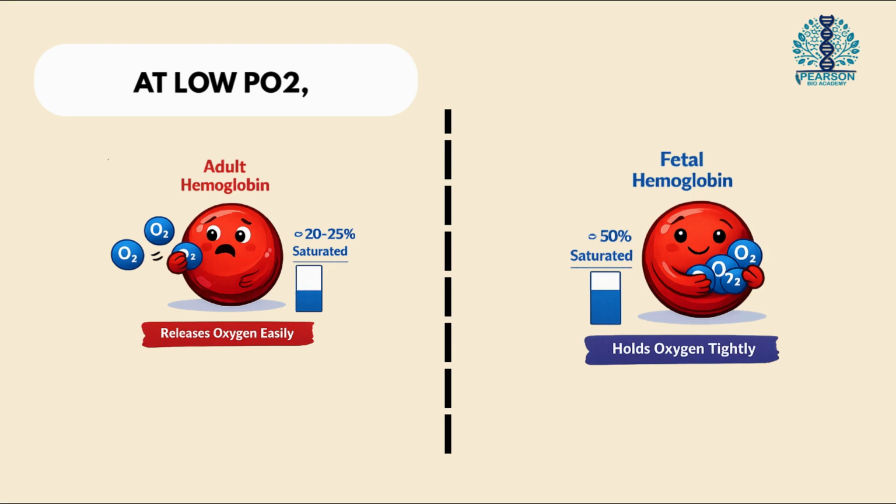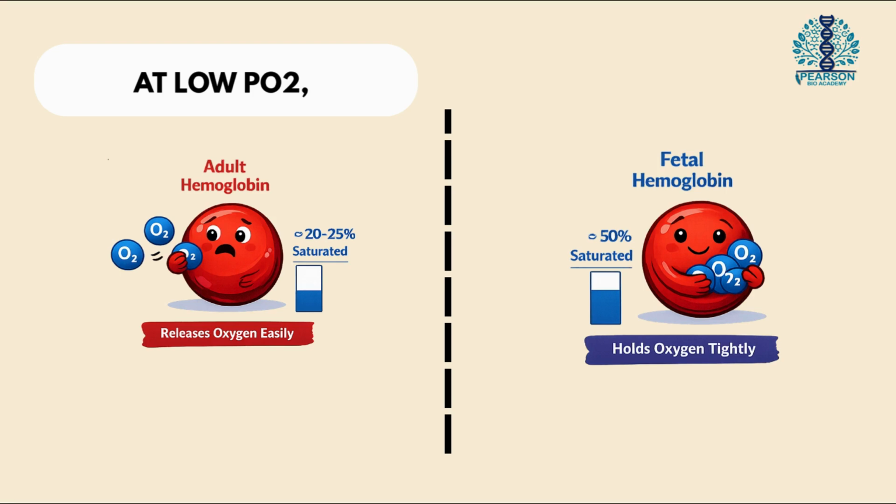So it holds onto oxygen more strongly. So, under the same condition, adult hemoglobin releases oxygen while fetal hemoglobin catches it more effectively. So, this is exactly how oxygen transfer happens across the placenta.